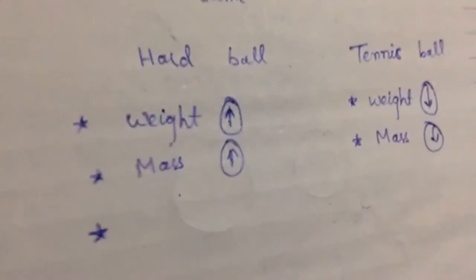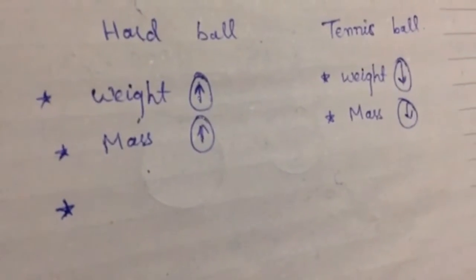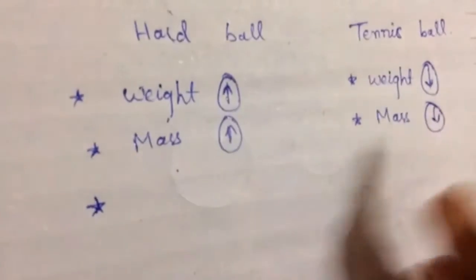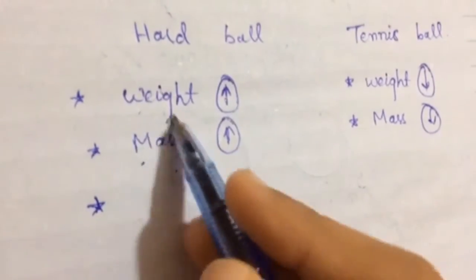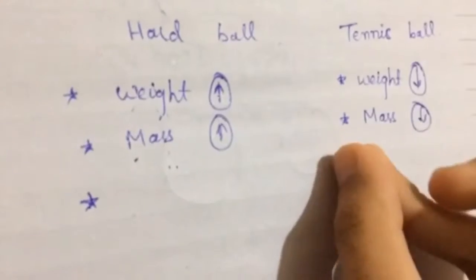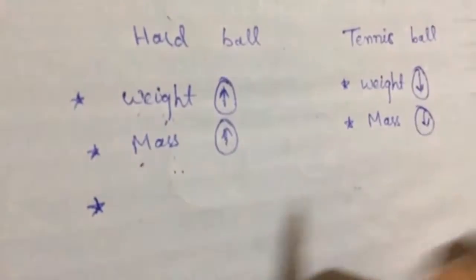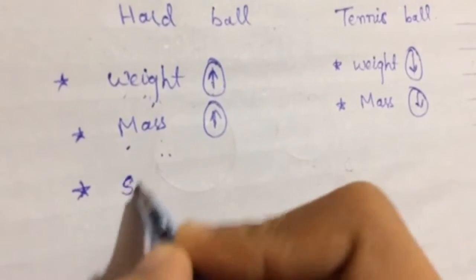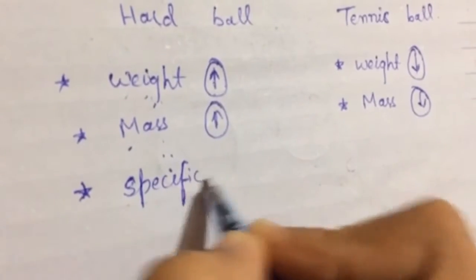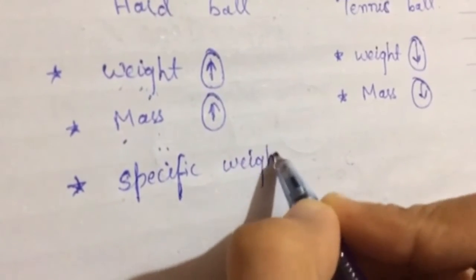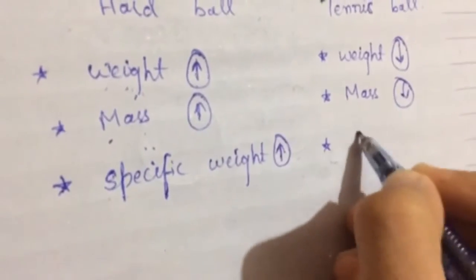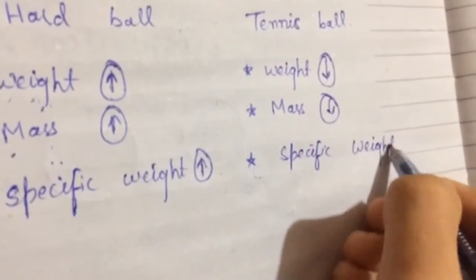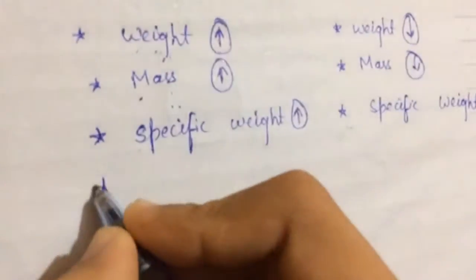As we have discussed, if weight increases, specific weight also increases, because specific weight depends totally on weight. So it increases in the hard ball, and the specific weight of the tennis ball decreases.